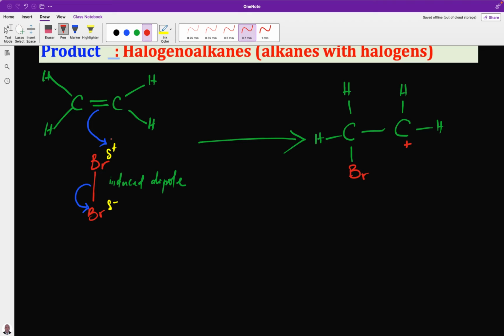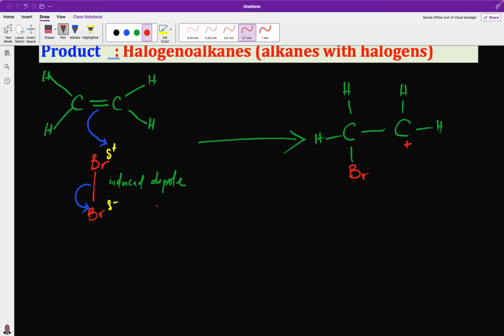The cloud of high electron density of the pi electrons around the carbon-carbon double bond will induce a dipole on the bromine molecule, and this dipole is instantaneous. When a dipole is induced here, this end acquires a partial positive. Meanwhile, this one here acquires a partial negative.